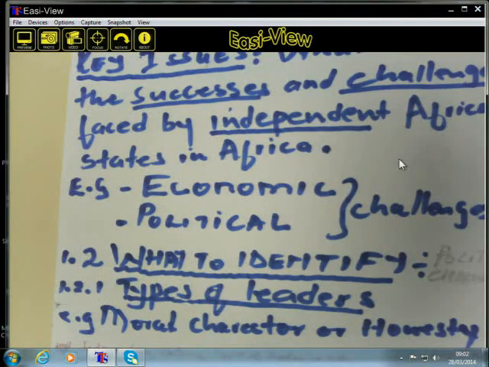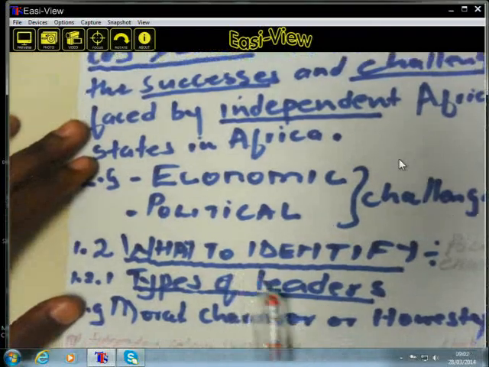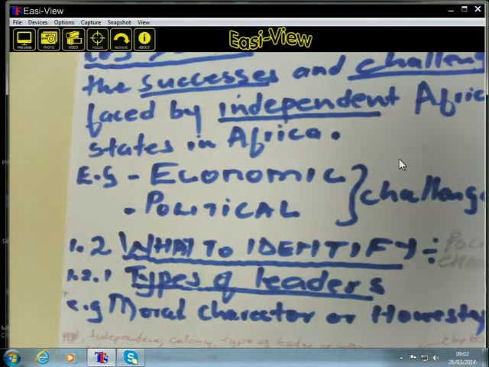And what are we supposed to identify there? In identifying that, we should identify the political challenges in Tanzania. How were they different to political challenges in Congo? Key issues, as I've just indicated, learners, as you are making a comparison: your comparison must be on the types of leaders, both Congo and Tanzania.